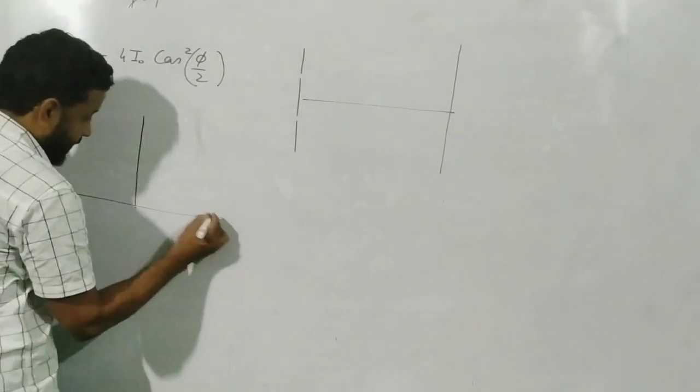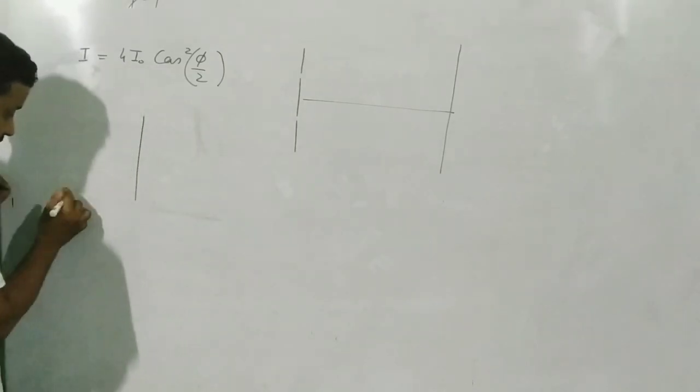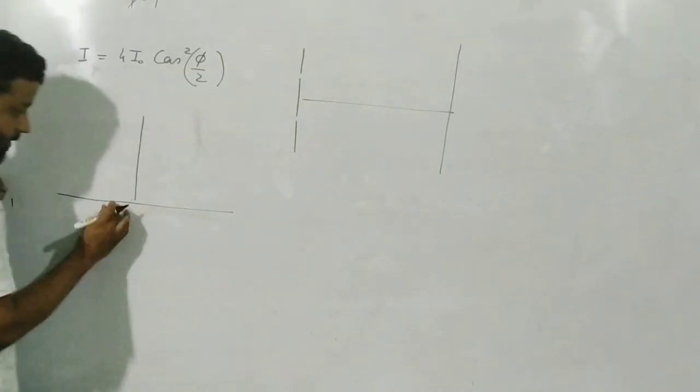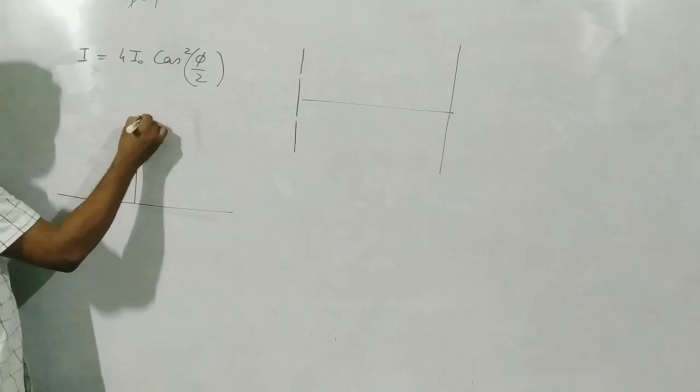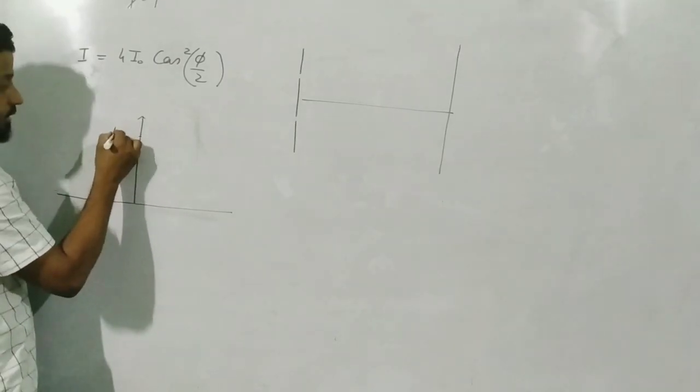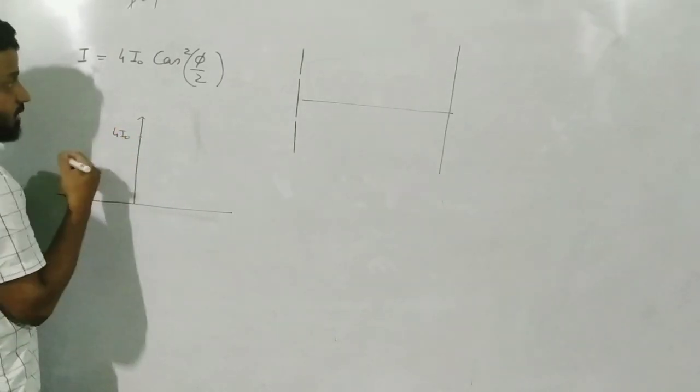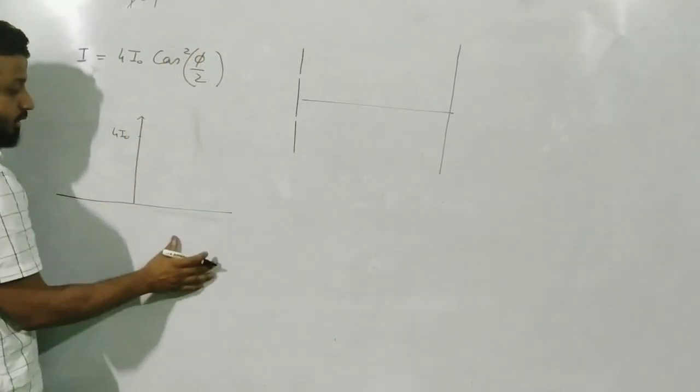This is my y axis, the intensity axis. And this is, let us say, 4 I naught. So how does the graph look? It's a cos square function, so nothing will be in the denominator.